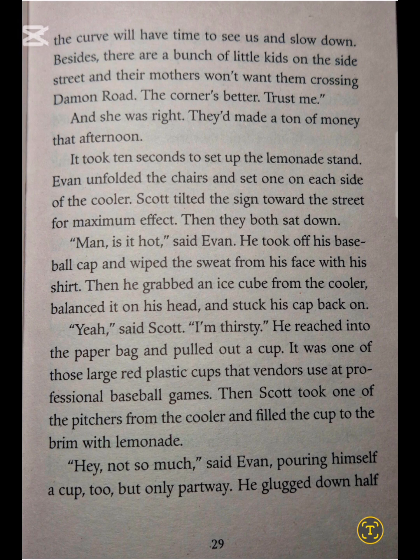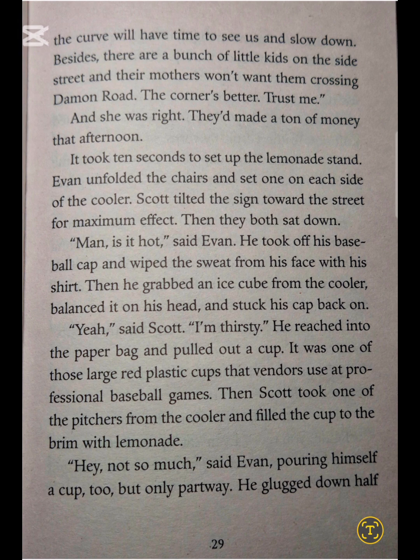Besides, there are a bunch of little kids on the side street, and their mothers won't want them crossing Damon Road. Damon Road, huh? Damon, oh my gosh. The corner's better. Trust me. And she was right. They'd made a ton of money that afternoon.